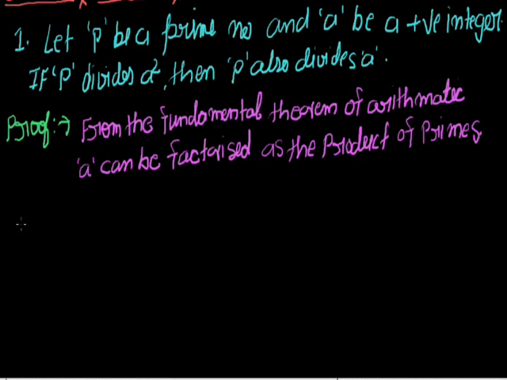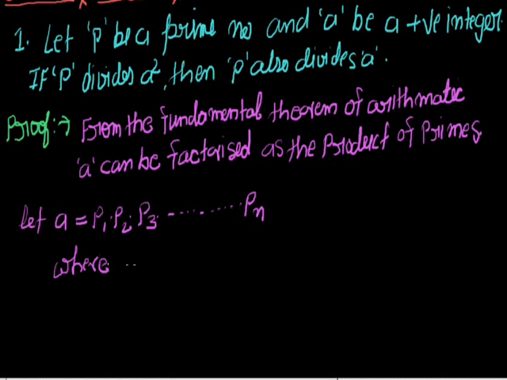Let us write down: a can be expressed into its prime factors. So a is equal to p1, p2, p3, and so on up to pn, where p1, p2, and so on are all prime, not necessarily distinct.